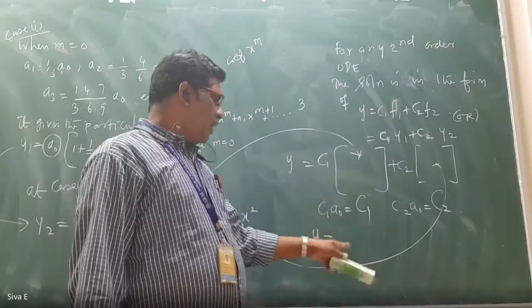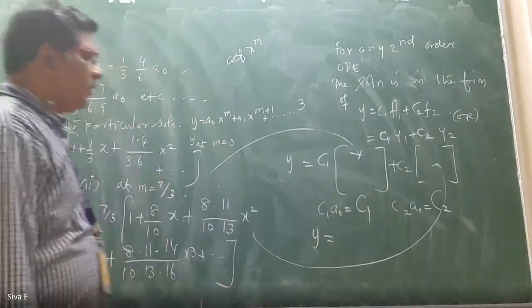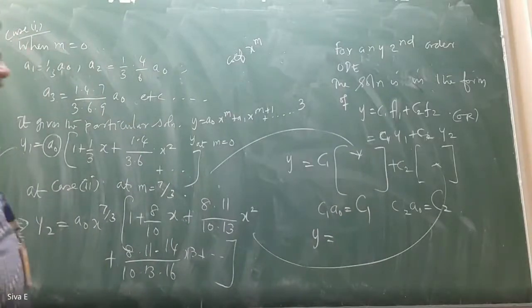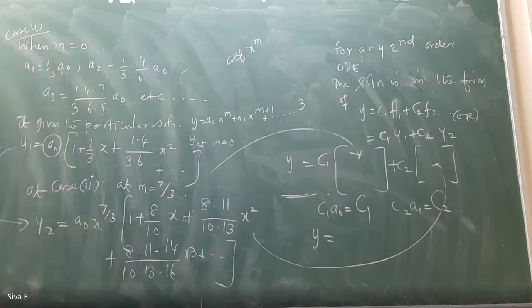Once again you can rearrange that, otherwise you can leave it in the step itself. So it is a series solution format for the given problem. After finding this y1 and y2 value, you can do that. Actually, this method is called the general format. For any order, for any equation, it may be linear or non-linear, we can solve it.